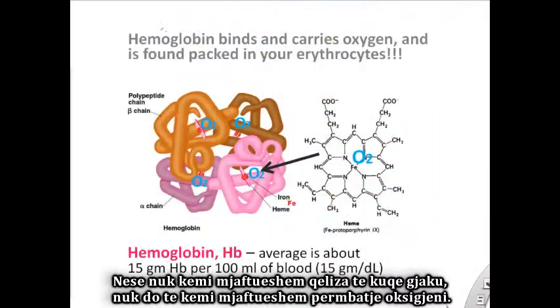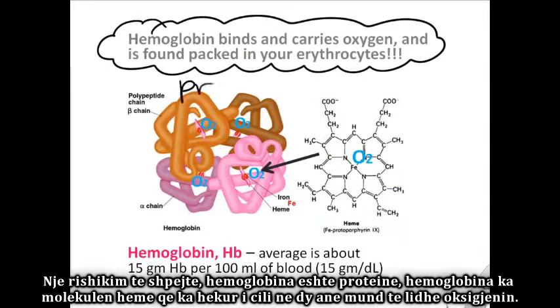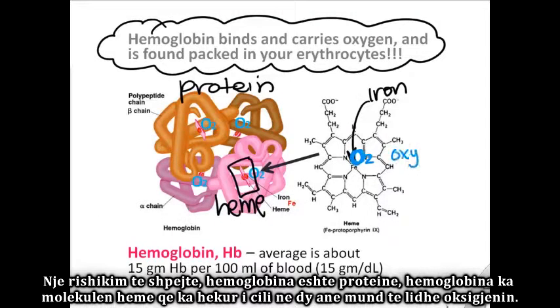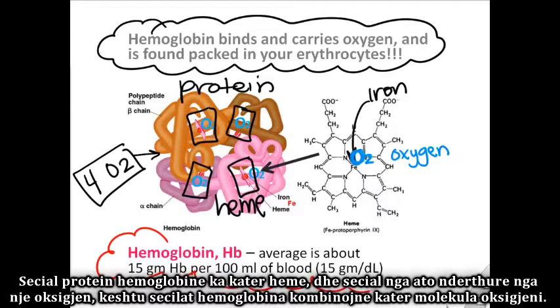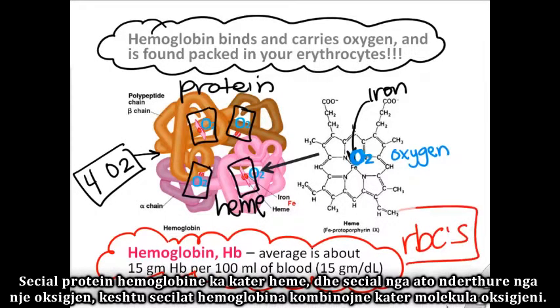Just as a review, hemoglobin is a protein with heme molecules that contain iron, which can reversibly bind oxygen. Each hemoglobin protein has 4 hemes, and each heme can bind an oxygen, so each hemoglobin can bind 4 oxygen molecules.